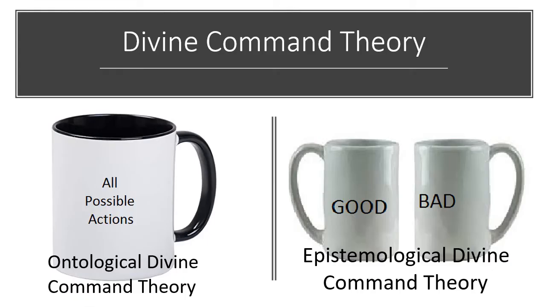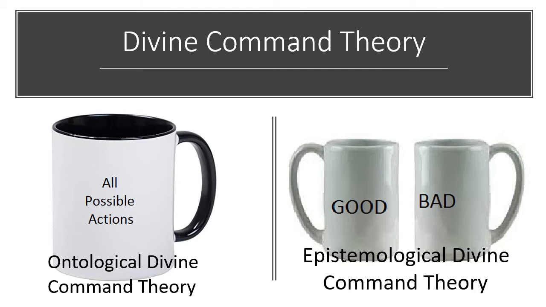Now, I understand that some of you are probably better visual learners than you are just listening to this whole lecture. And so this next slide is really just a way of visualizing a contrast between these two different theories. So if we go with what we just talked about, ontological divine command theory, the view of this one is that every single action that you could ever think of, every single moral principle that could ever be thought of, they all exist in one single cup.